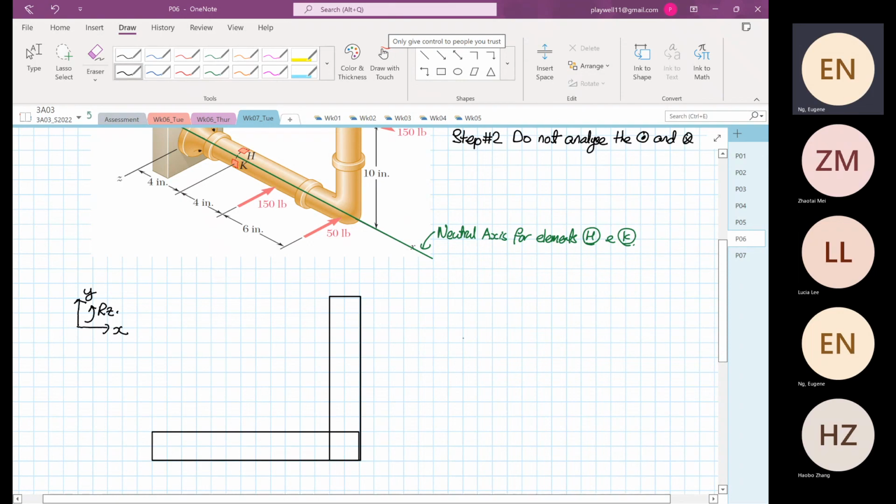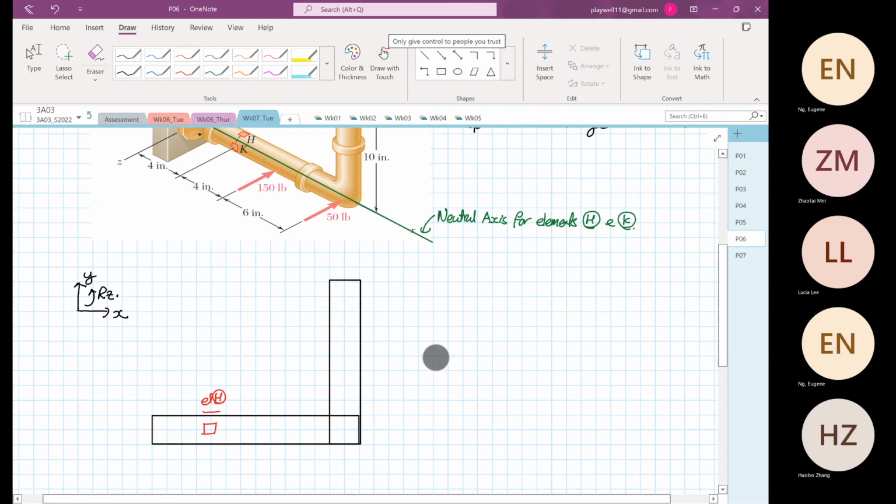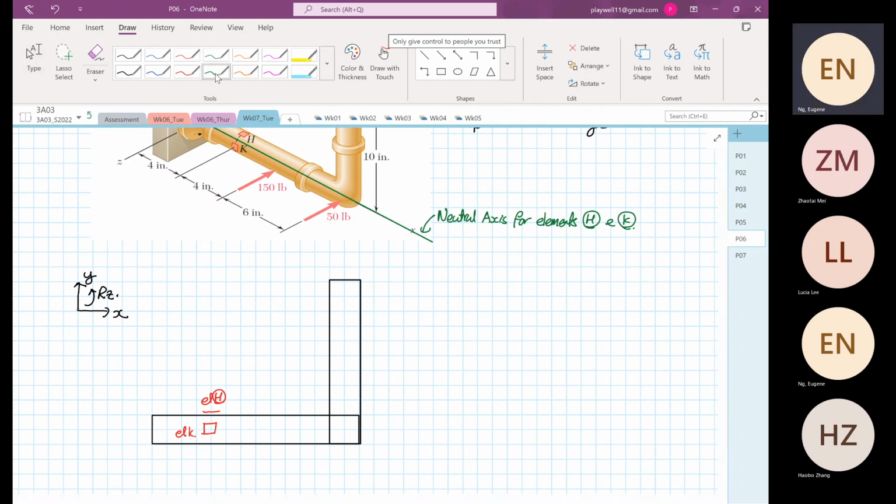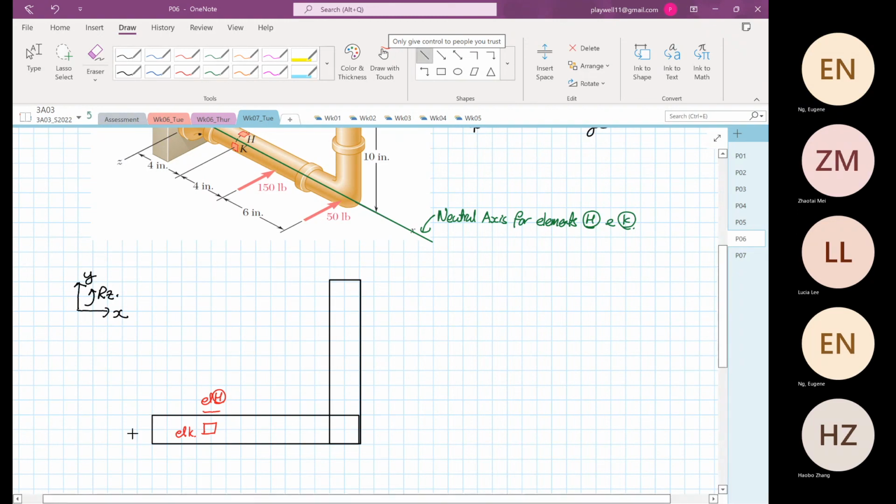And then the next thing that we do is sketch where our elements are. So this will be our element H, and this will be our element K. Okay, and then from here you draw your neutral axis. The neutral axis is relative to element H and K. So this is our neutral axis.